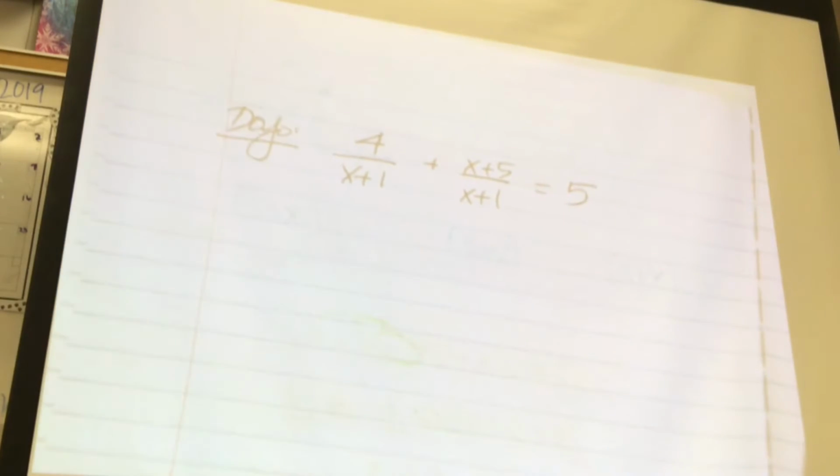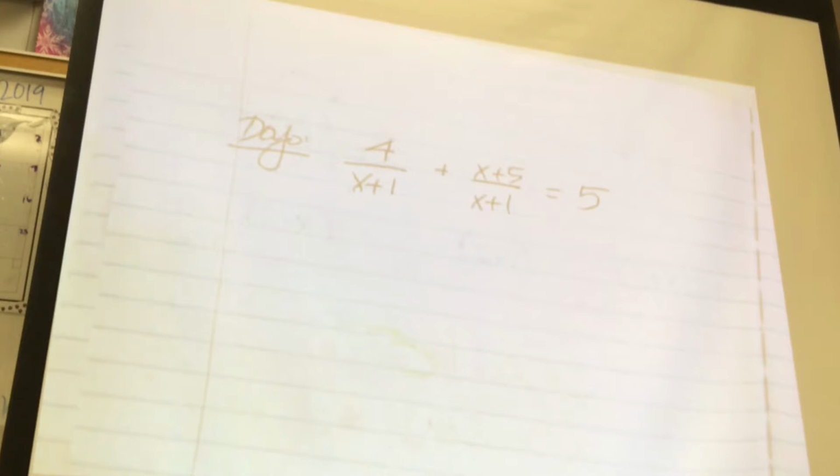Here's your next problem. Four over x plus 1 plus x plus 5 over x plus 1 equaling 5. Josh, what did you multiply everything by?